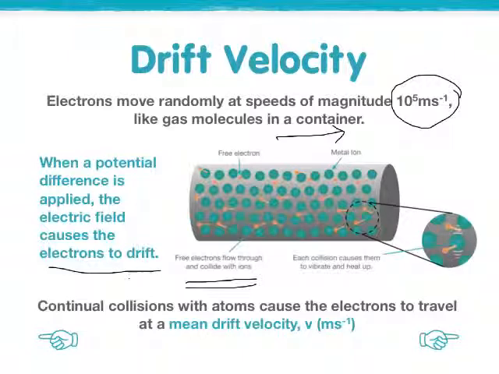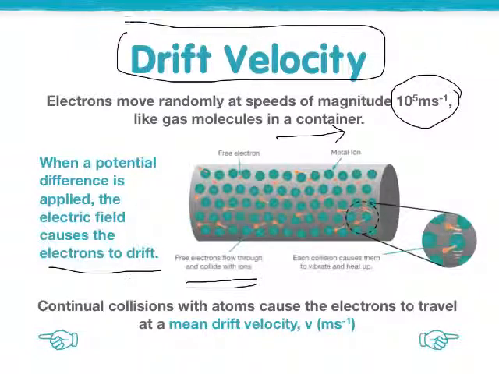But for now, we're going to carry on with this idea of the drift velocity, which is the velocity that the electrons actually move across the wire.